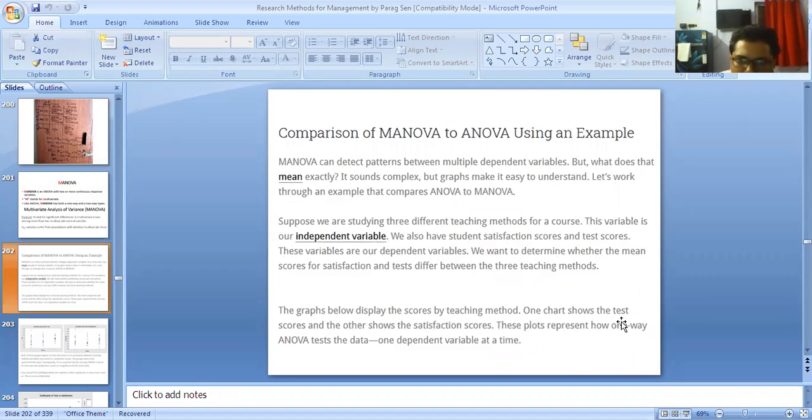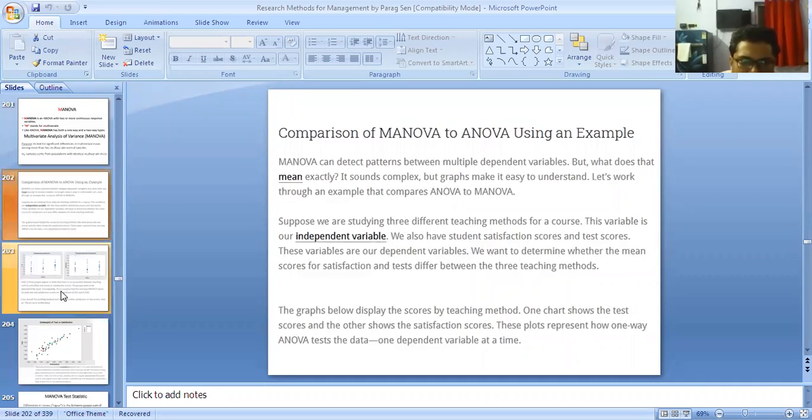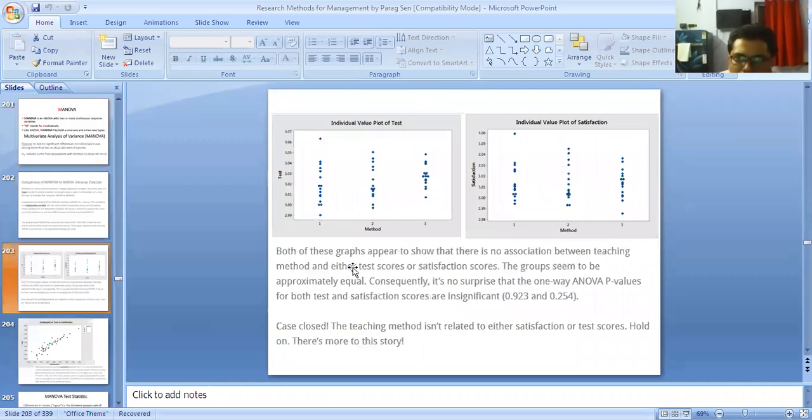One chart shows the test scores and the other shows the satisfaction scores. These plots represent how one-way ANOVA tests the data, one dependent variable at a time. Just have a look at this.